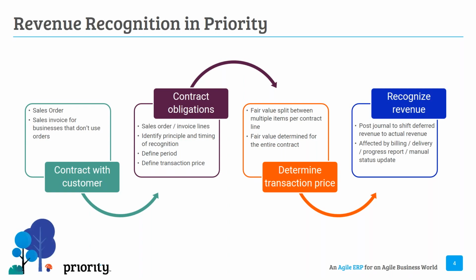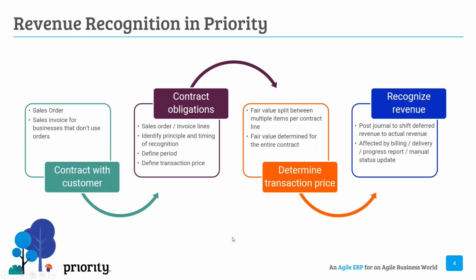And finally, we recognize the revenue by posting the journals that shift the deferred revenue to the actual revenue, of course, in a fully automated way. By billing, delivery, and reporting progress, we affect the planned recognition and we start moving it gradually towards actual recognized revenue using those same journal entries.